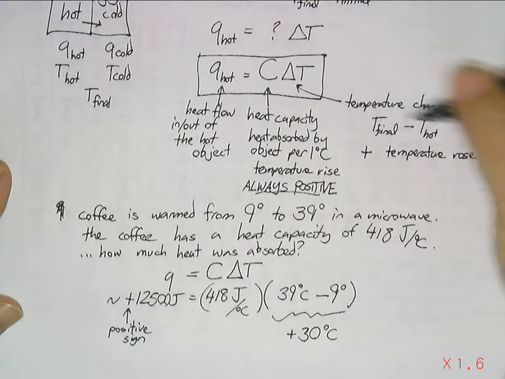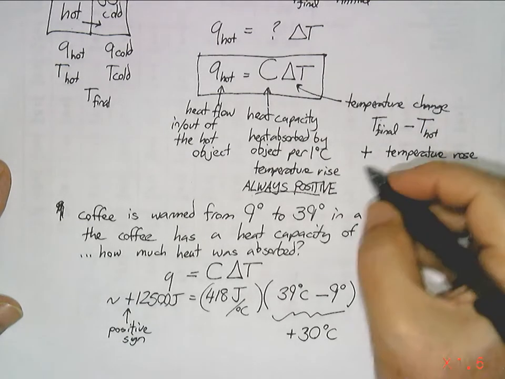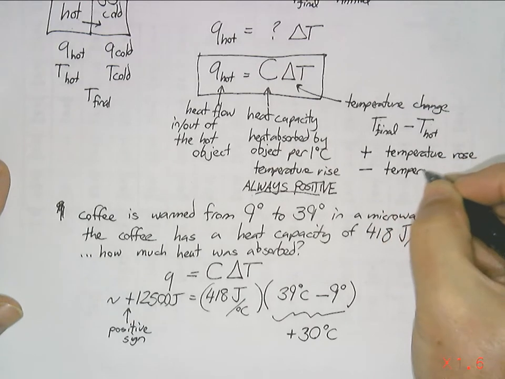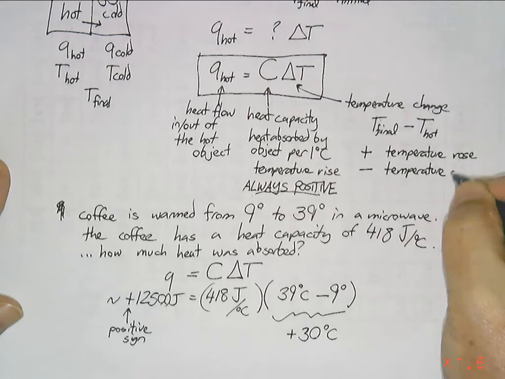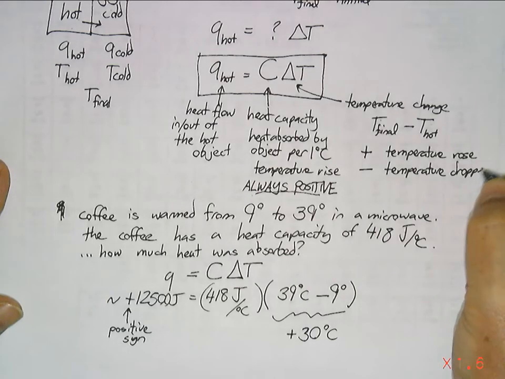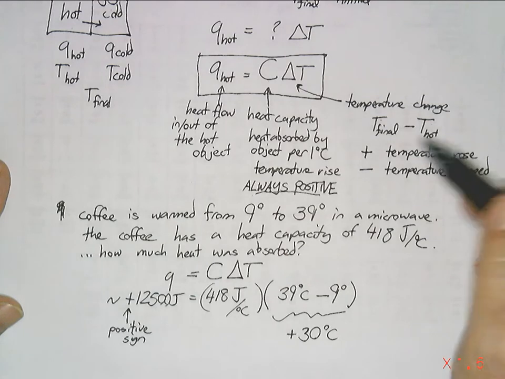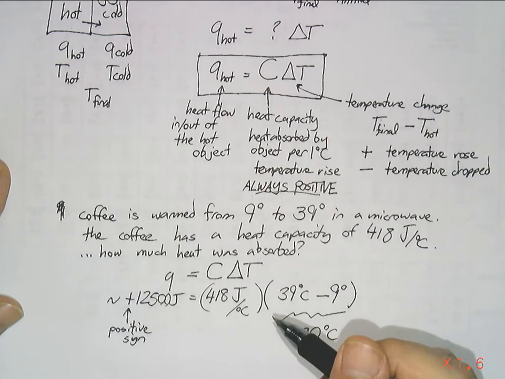That means that T final was bigger than T initial. And negative means that the temperature dropped. So the sign means something with a delta T, and you've got to get it right. It's important to put the final minus the initial and not the other way around to get the sign right.